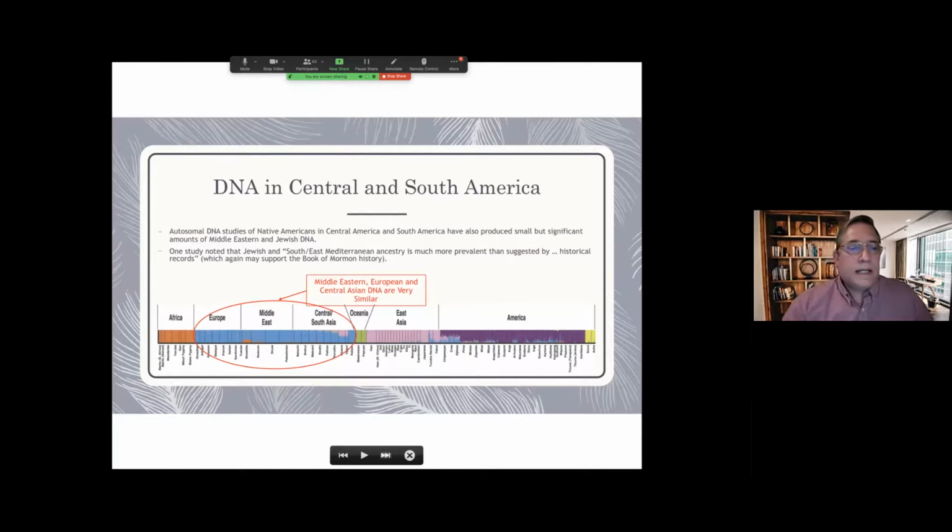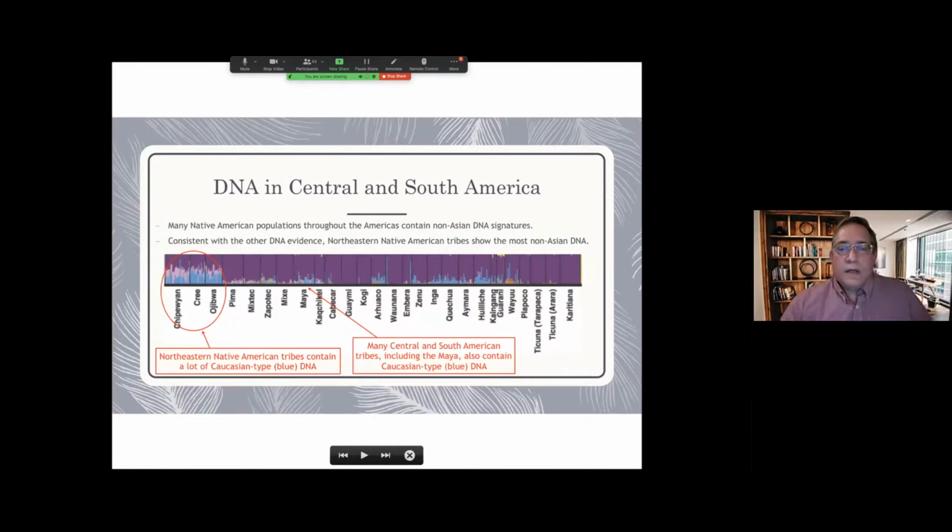What you see is that while a lot of the ancestry is uniquely Native American, likely Asian ancestry for the majority of it, there are some tribes where you see a significant amount of this blue Caucasian DNA type, and these three where you see the most actually fit that Northeastern Native American tribes group, where you're seeing high percentages of a Caucasian DNA type.